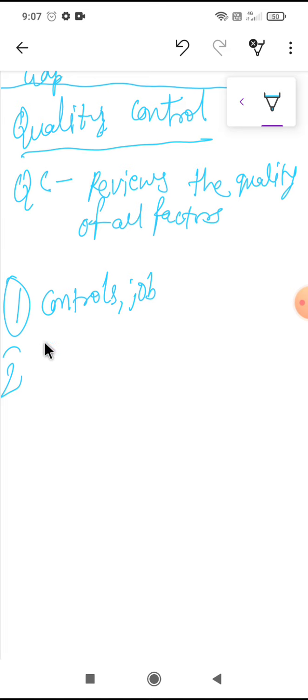So this is the first approach. So this means generally controlling all the parameters of any job and controls performance and integrity.